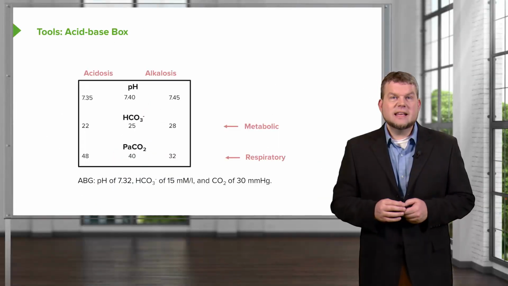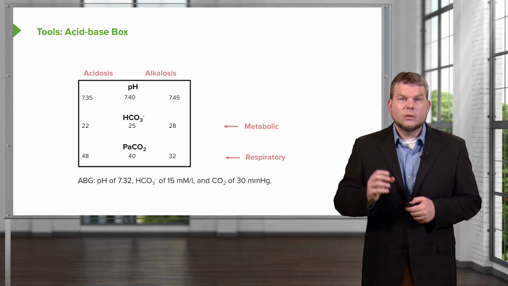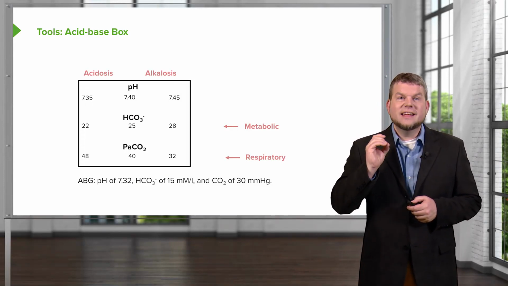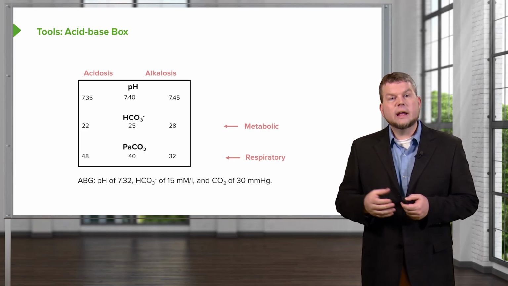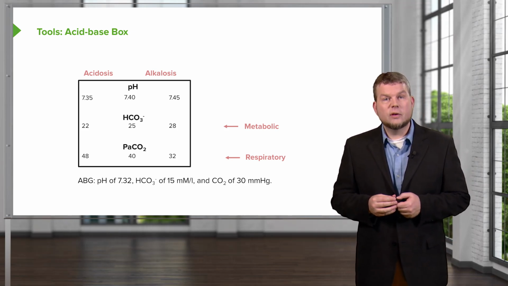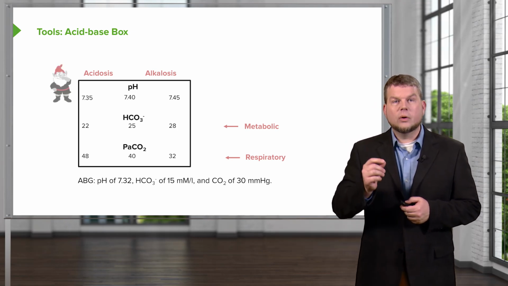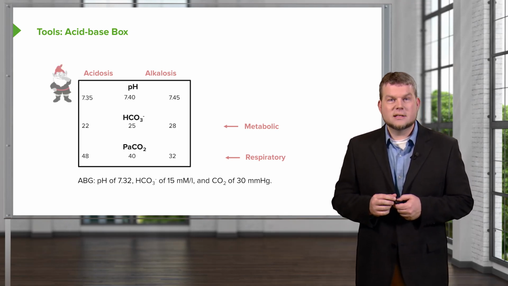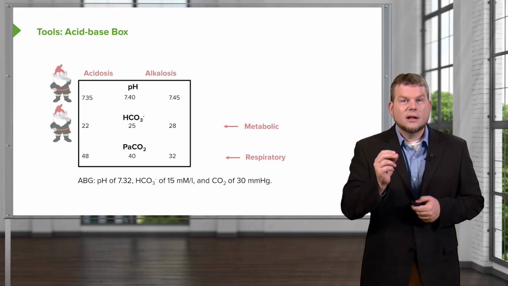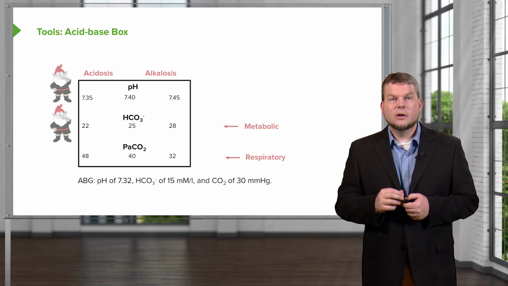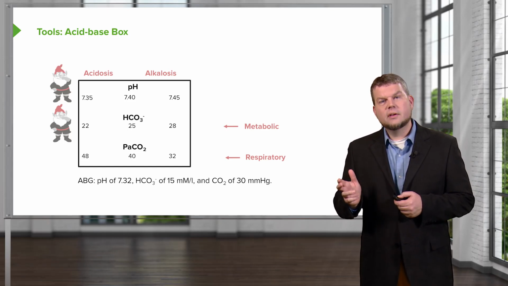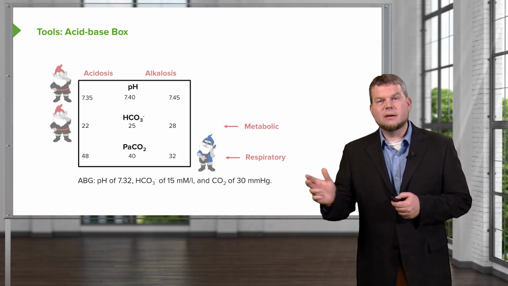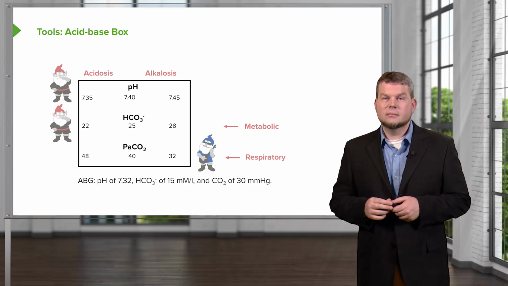If we use the acid-base box, we can do this also with acidotic conditions. So here we have an arterial blood gas of 7.34, red gnome outside the box. Bicarb below 22, red gnome outside the box. What do we have left? Blue gnome outside the box on the opposite side.